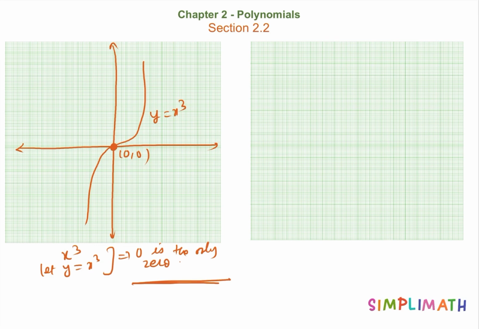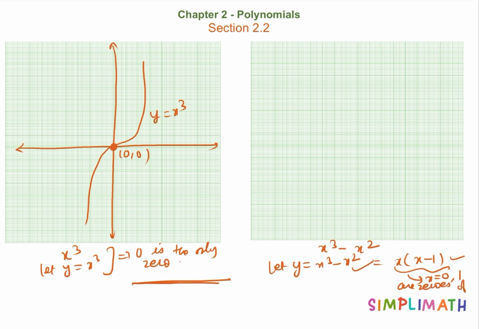Now let us consider one more example. Let us consider a cubic polynomial x cube minus x square. So let y equals x cube minus x square. For your understanding, we can write it as x into x minus 1. So from here I can say x equals 0 and x equals 1 are the zeros of this polynomial. Now let us plot this. You don't have to plot these points in your exam. This is only for understanding purposes.